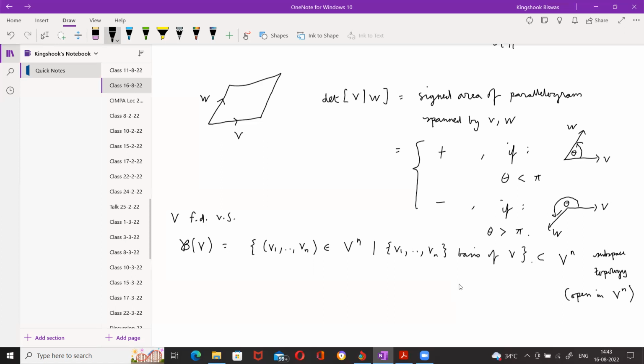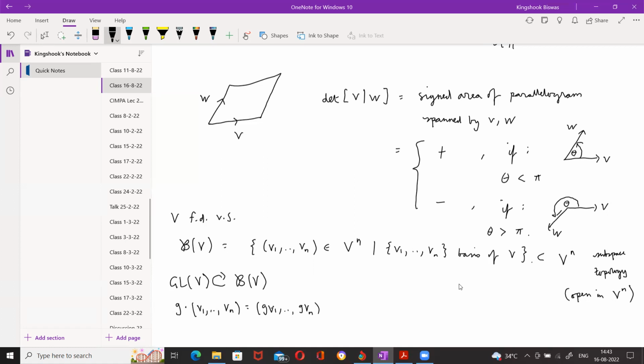And also I have an action of GLV, the invertible linear maps of V. GLV acts on this set of ordered bases. The action is just g dot V1 to Vn is gV1 up to gVn, right?